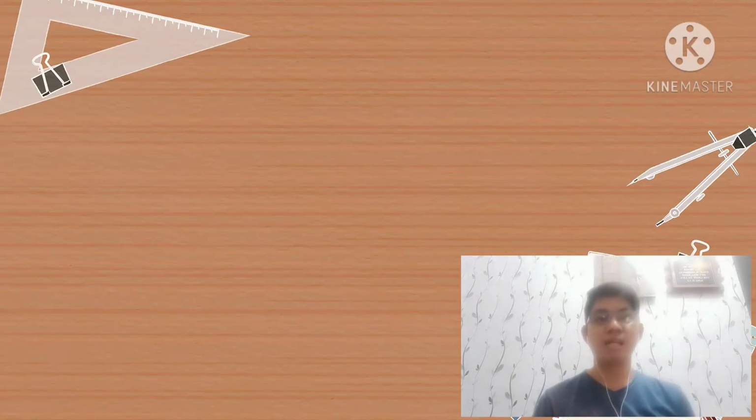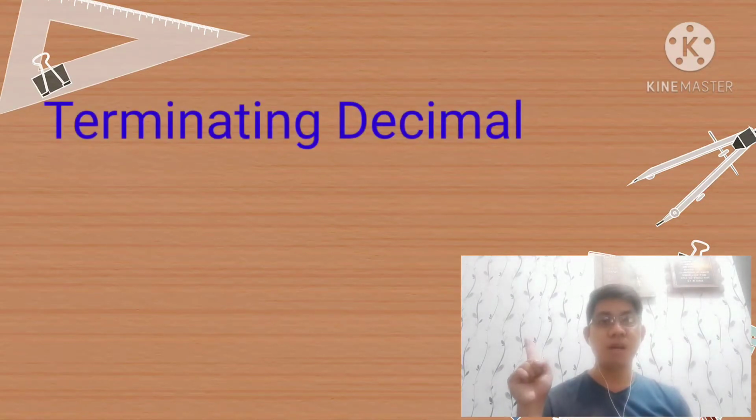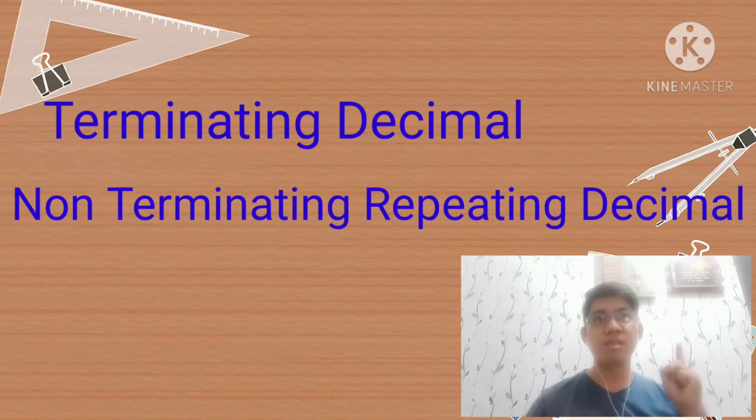Now, bakit ba natin kailangan pang pag-aralan muna yung terminating decimals and non-terminating repeating decimals? Kasi yan dalawa na yan ay kailangan natin to convert fractions to decimal and vice versa.